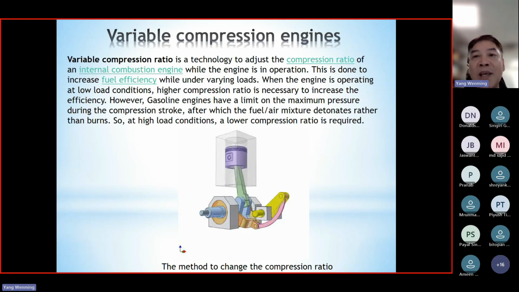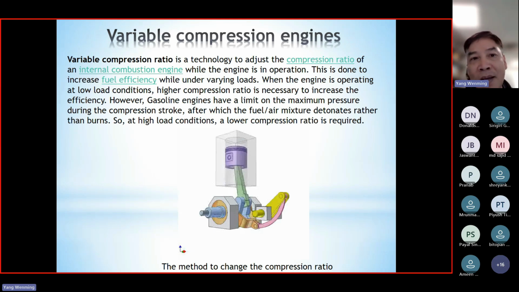For example, when the engine is operating at partial load conditions, we know the fuel air ratio will be low, will be lean, correct? So under these conditions, we can increase the compression ratio to improve the efficiency, correct?